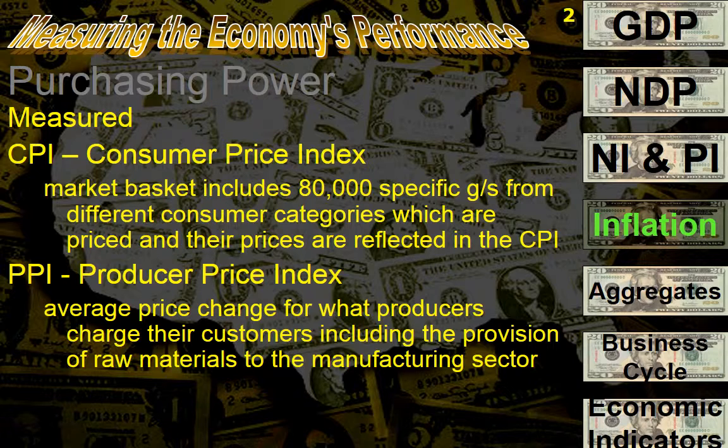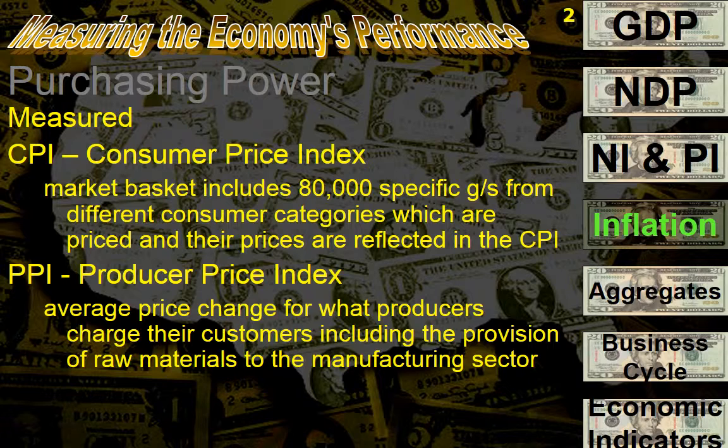Every month they essentially go shopping, figuratively, not literally, for these 80,000 items and services, and then they total everything up and say, okay, this is how much it was worth, this is how much it is worth now, and we see that the price has gone up overall. That's a measurement of inflation.